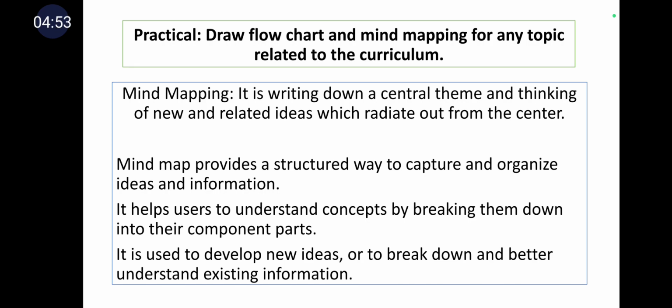So prepare it and you will understand that even a complex idea or very tough topic, maybe from mechanics, computer, IT or civil, feels really easy to understand and to write answers on, because you have converted that difficult topic into a mind map.